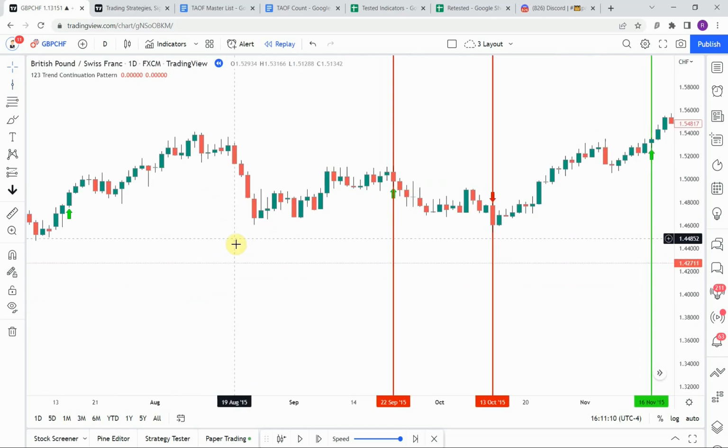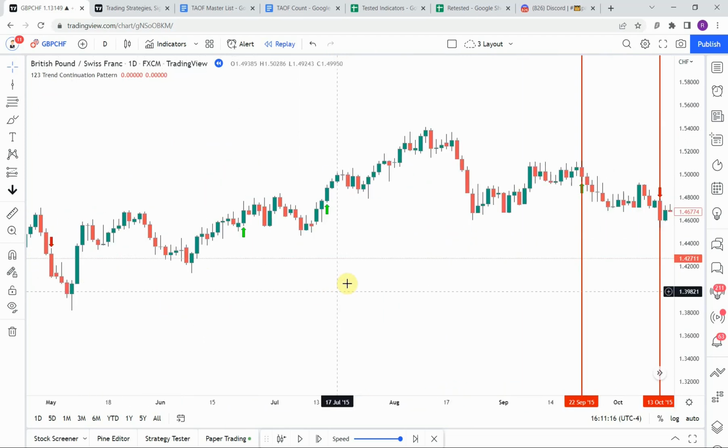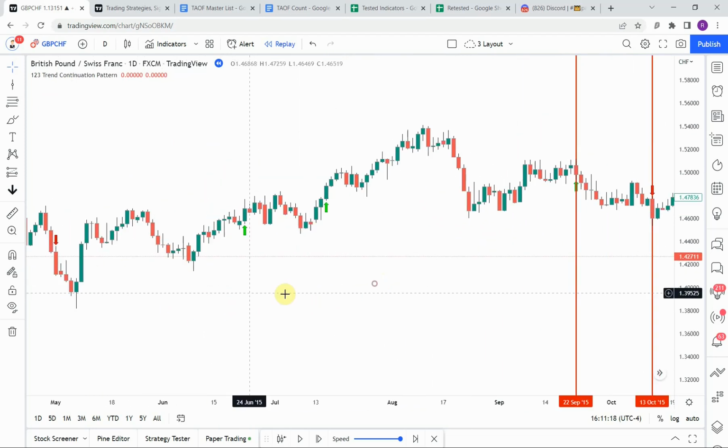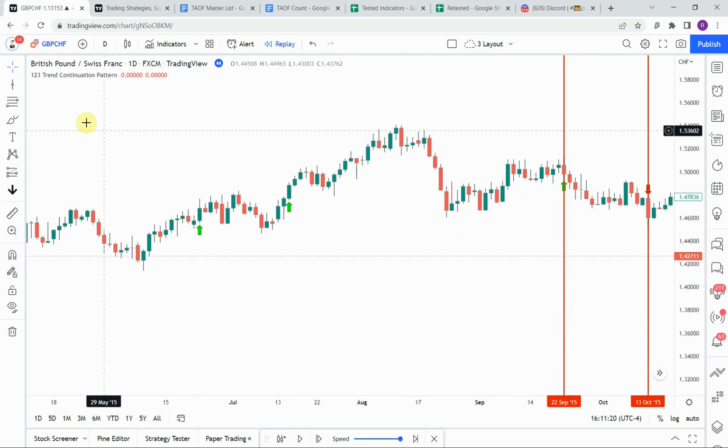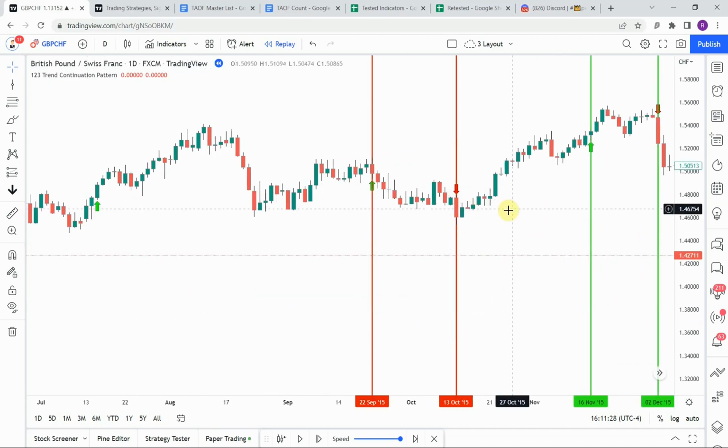Now, the argument could be made that the name of the indicator is a trend continuation pattern. And so, as the name implies, it seems like this indicator is best suited to identify where there is a trend continuation and not necessarily a trend reversal.